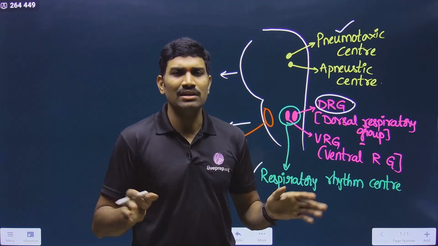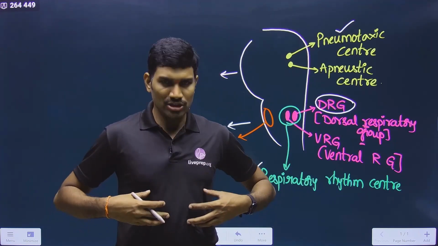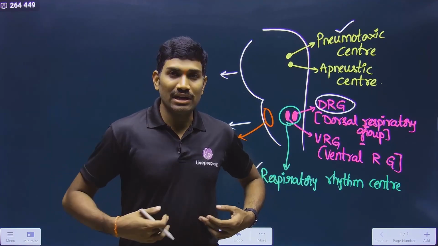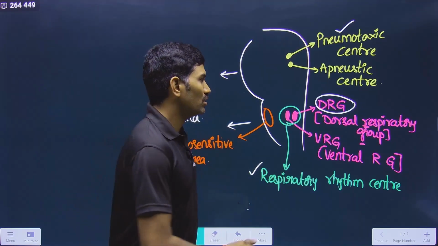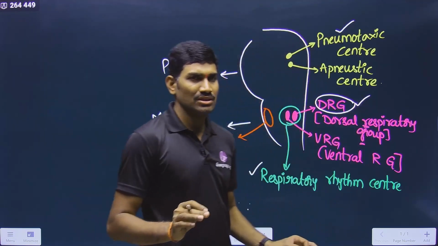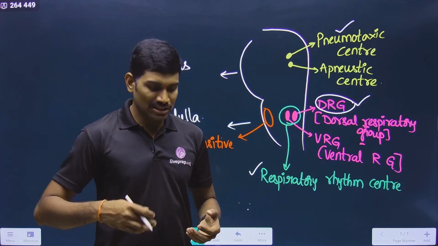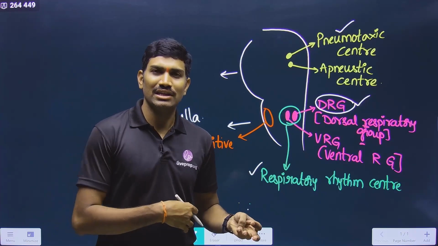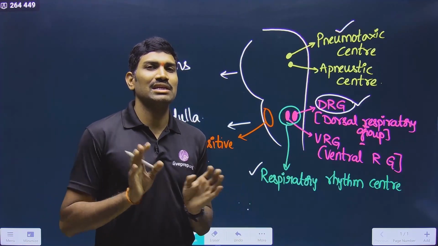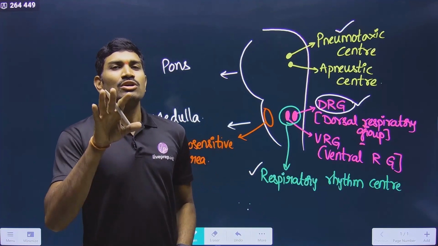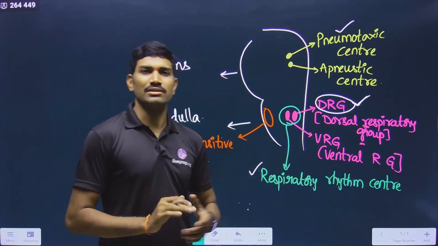In the resting condition, the contraction and relaxation of the phrenic muscles of the diaphragm and the external intercostal muscles are controlled by the dorsal respiratory group. So normal breathing is controlled by the dorsal respiratory group, correct?